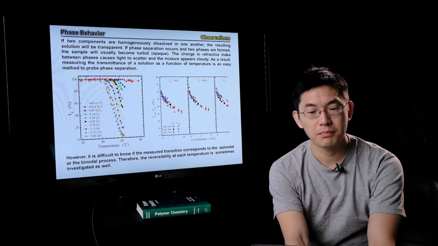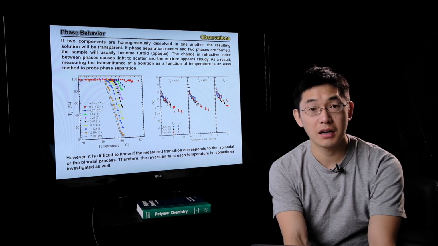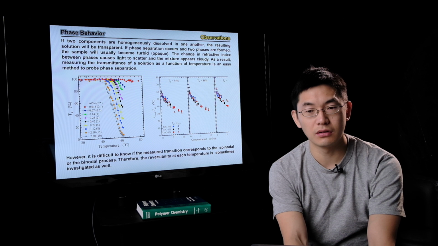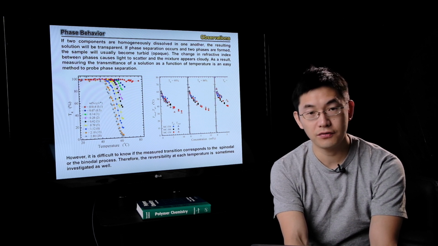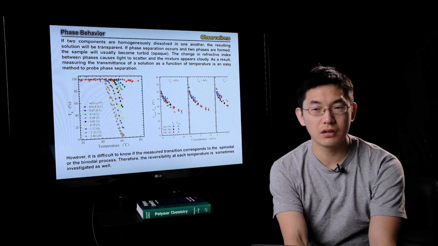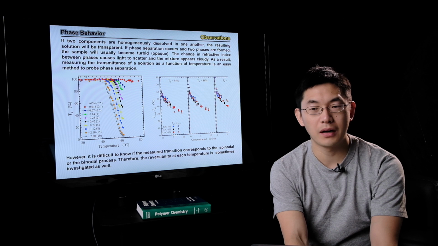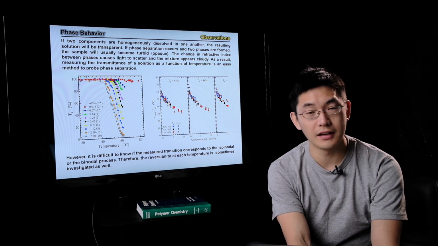But if phase separation happens, that means you would have phase separated aggregates. Then your polymer chains or these phase separated regions can go above micron size. And as some of you know, at this length scale, those phase separated morphologies can diffract light.